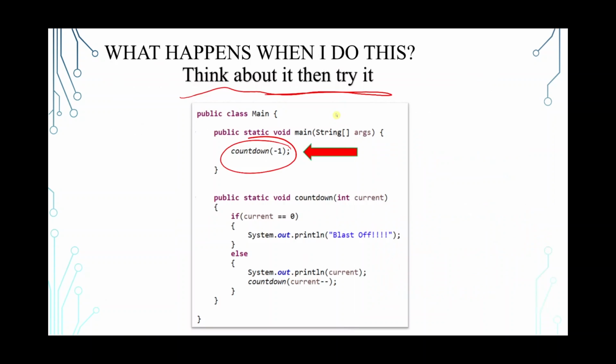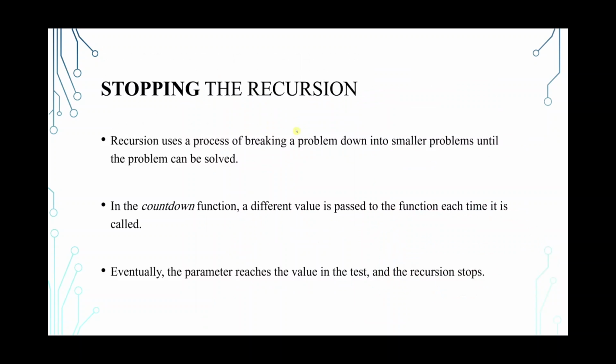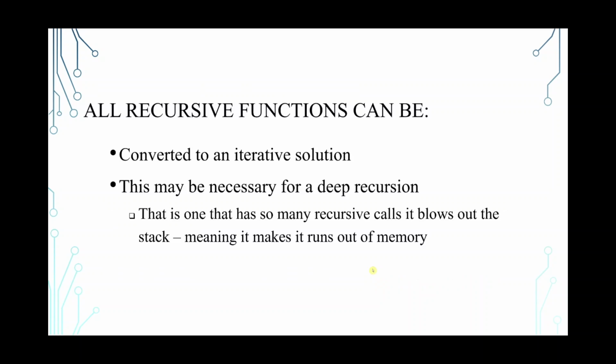So I give you an example of a void function, and the next example is going to be on not void function. So eventually the parameter reaches the value in the test, the recursion stops. In our case, that was when the current was equal to 0.